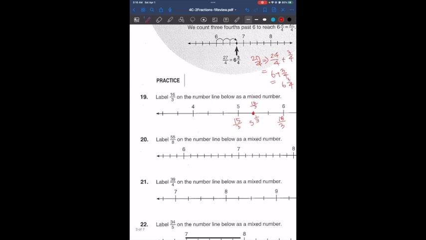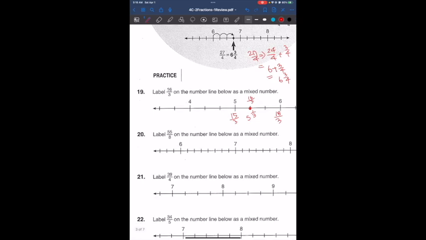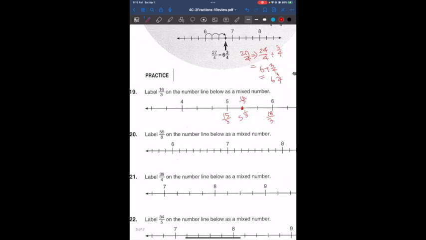So for 55 over 8, 7 is 56 over 8, and 6 is 48 over 8. And so 55 over 8 is going to be somewhere really close to 7.